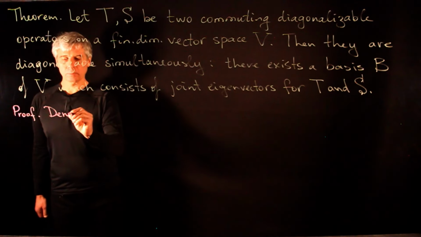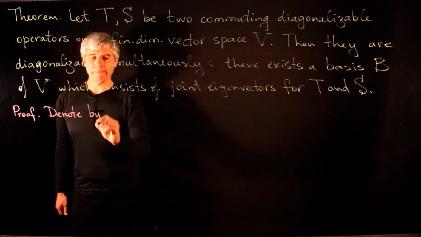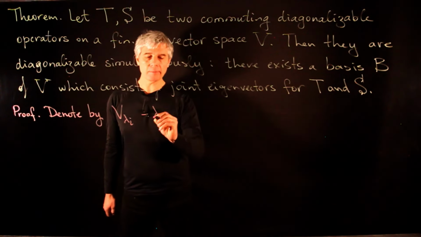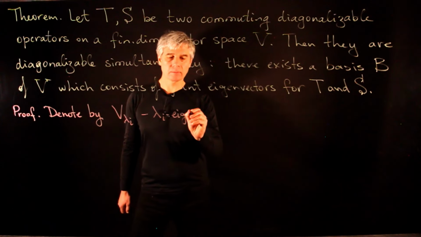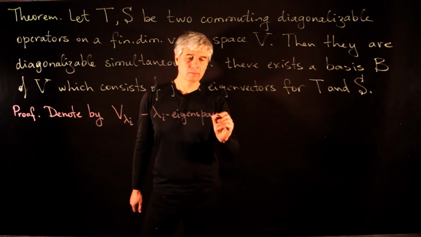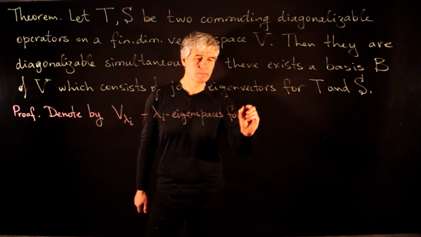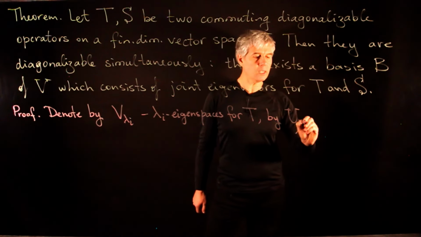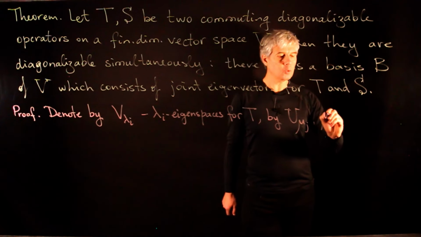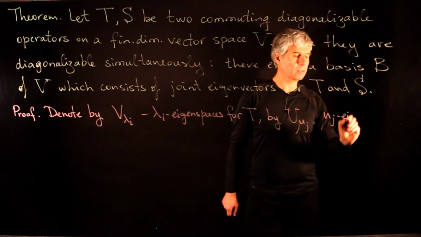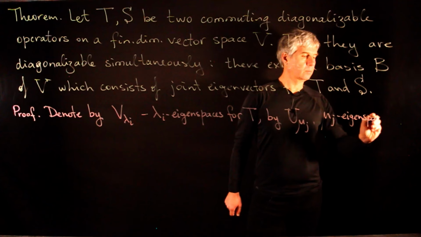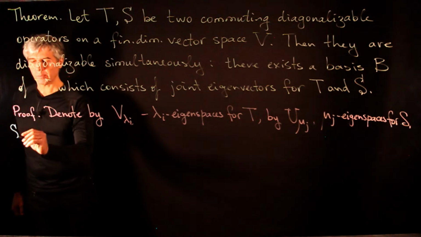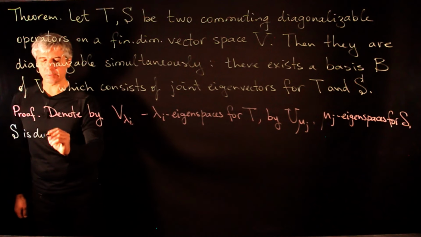Denote by V lambda i eigenspaces for T, and by U mu j eigenspaces for S. We know that operator S is diagonalizable.